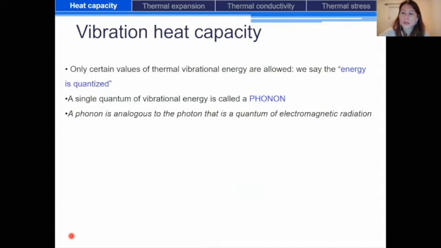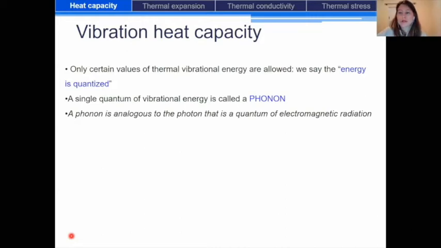So when we say that only specific values of energy can be allowed for something, we say that the energy is quantized. And so you may already have heard this terminology of quantization of energy, talking about electromagnetic radiation or light.